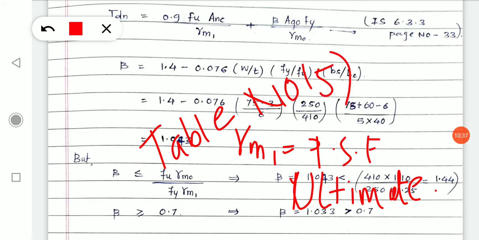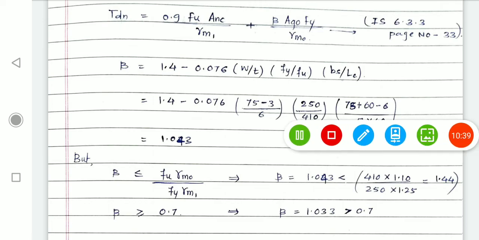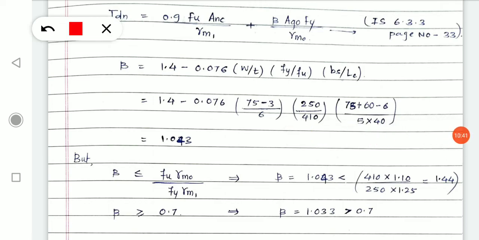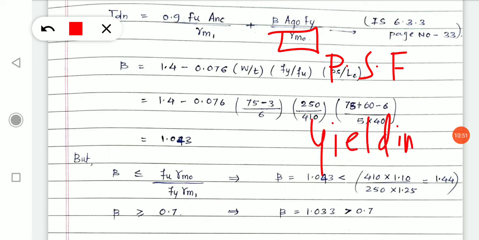Okay, whereas gamma M naught is a partial safety factor for failure in tension by yielding. By what? Yielding.